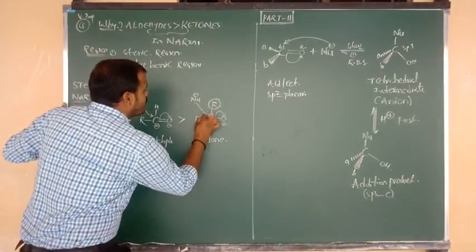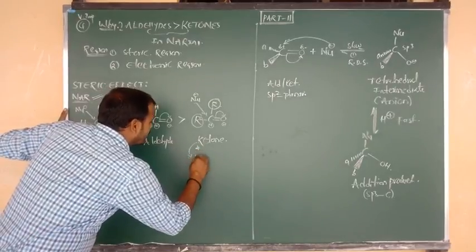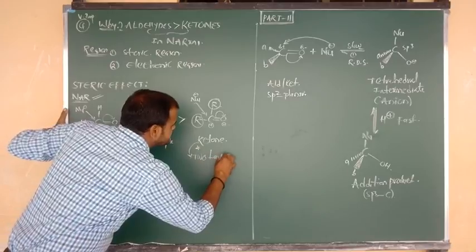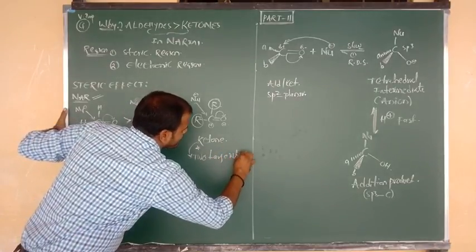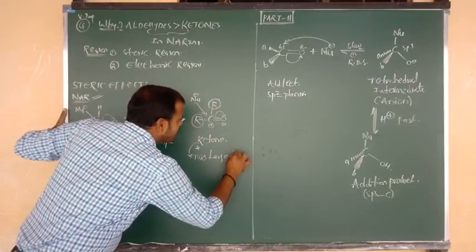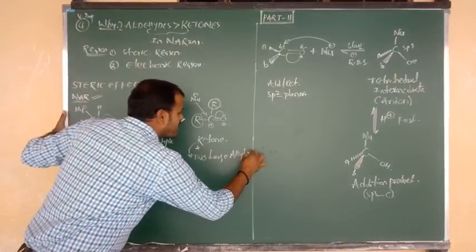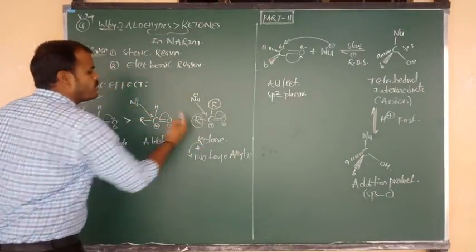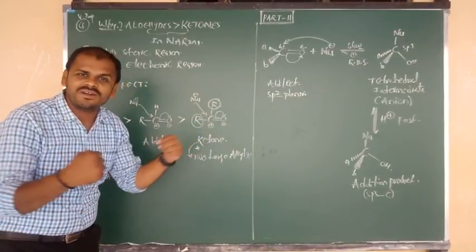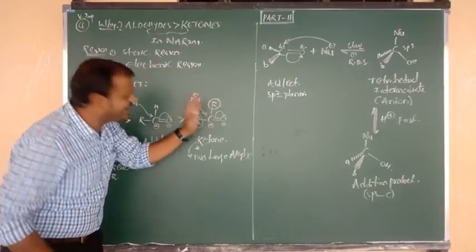Due to the presence of two large alkyl side chains around the carbonyl carbon, they already cause repulsion. They are not ready to allow the nucleophilic attack.